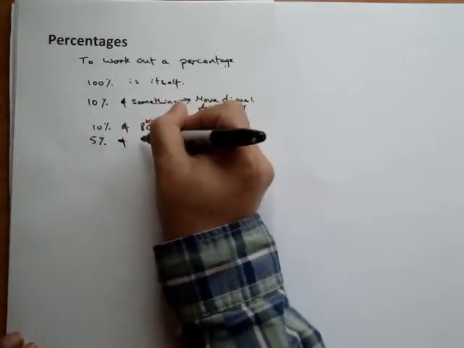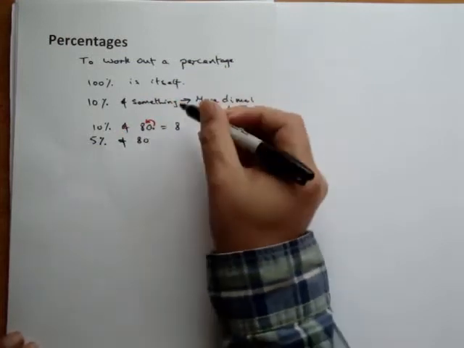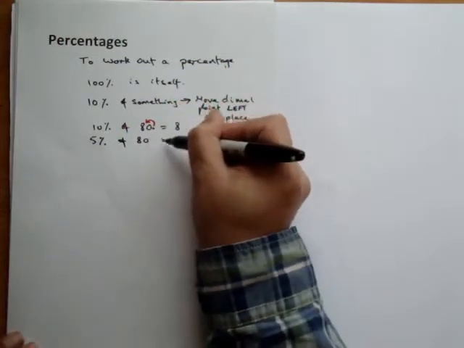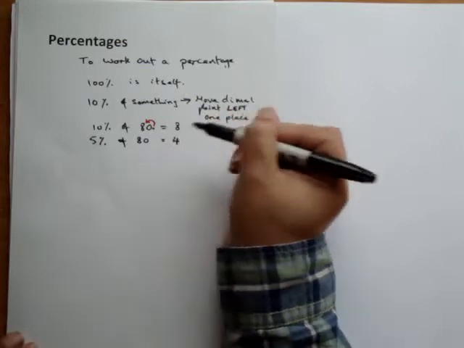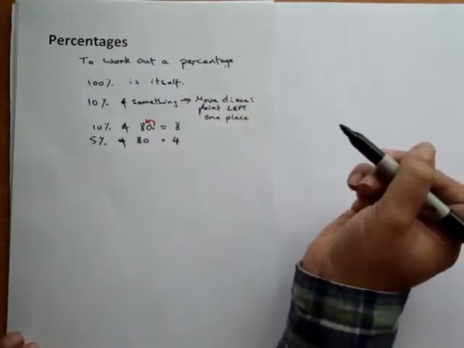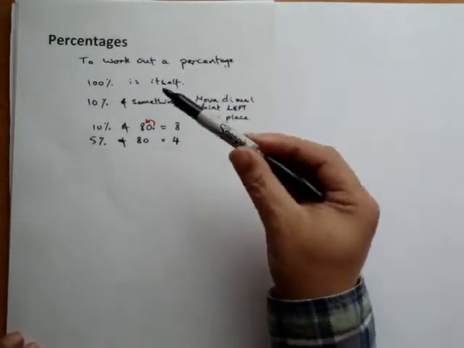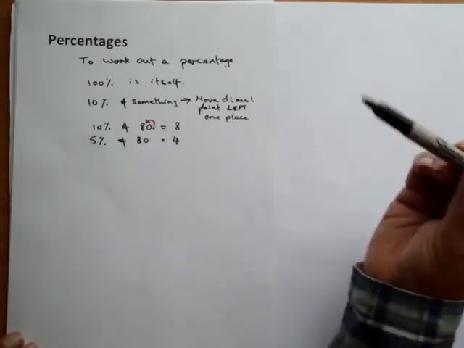So 5% of 80, we know that 10% is 8, so 5% equals half of that, which is 4. So if we know 10%, we can work out 5% very easily.